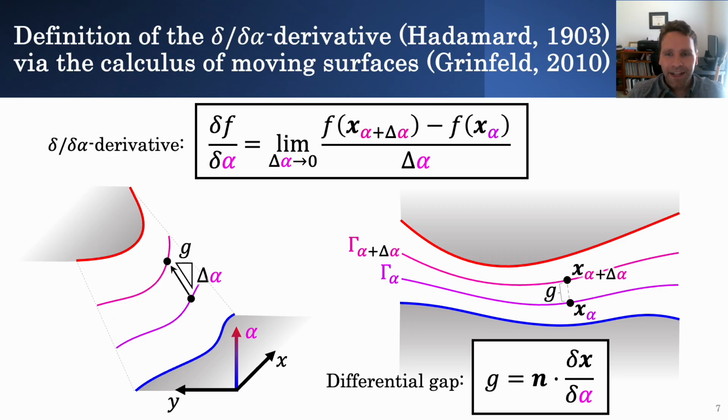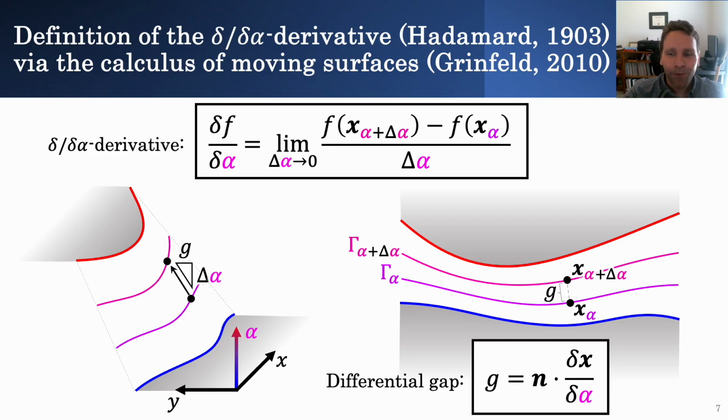Okay. Now, the other piece of the puzzle that we have to supplement all of these developments with is something called the delta-delta alpha derivative. This concept was originally introduced by Hadamard way back when he was studying the calculus of moving surfaces, a concept that's been more recently formalized by Grinfeld, and you can find some references and even a textbook that goes into a lot of the background online. But effectively, this delta-delta alpha derivative is almost like a material derivative in some respects, but it has a nice geometric interpretation.